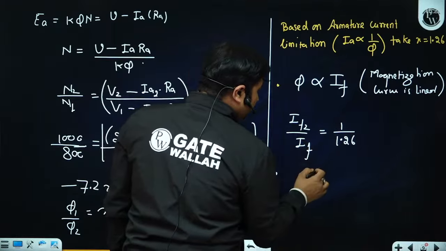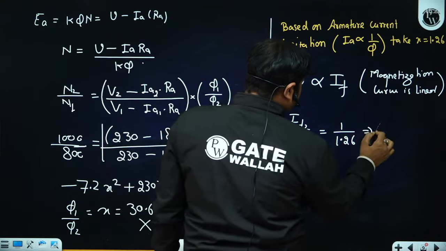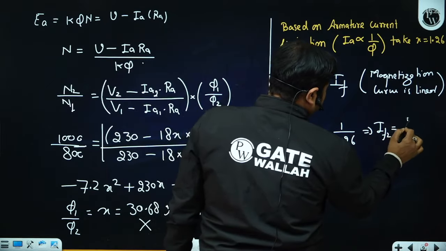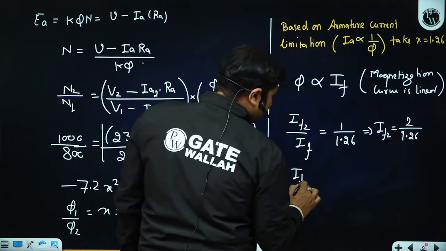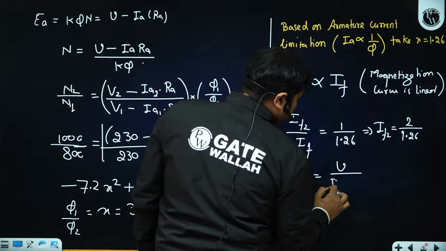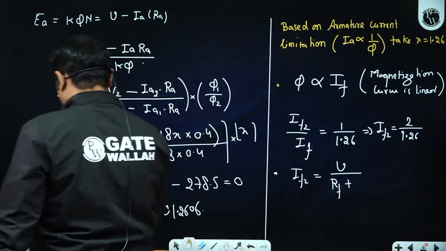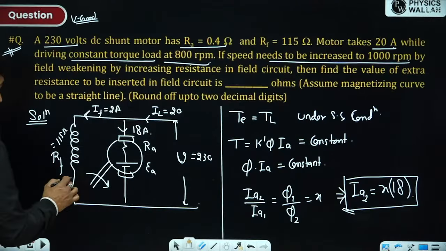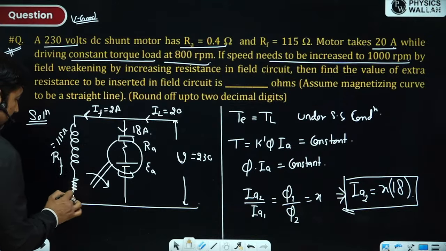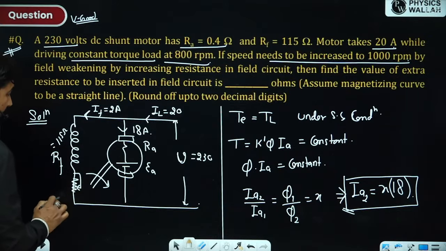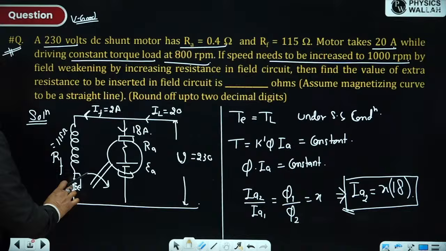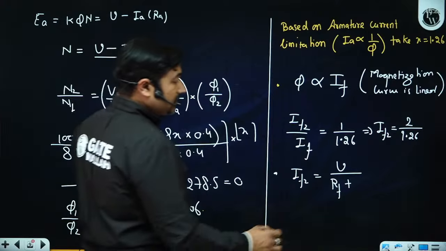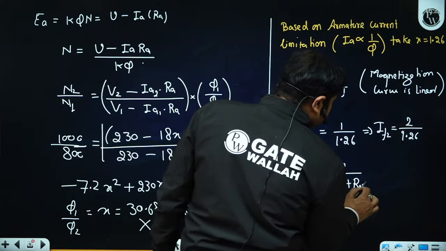Previous value is 2 ampere, so we have the new value of If2 as 2 upon 1.26. If is V by Rf for the old value, and now you have to identify the external resistance that needs to be inserted in the field circuit in order to make your speed possible.